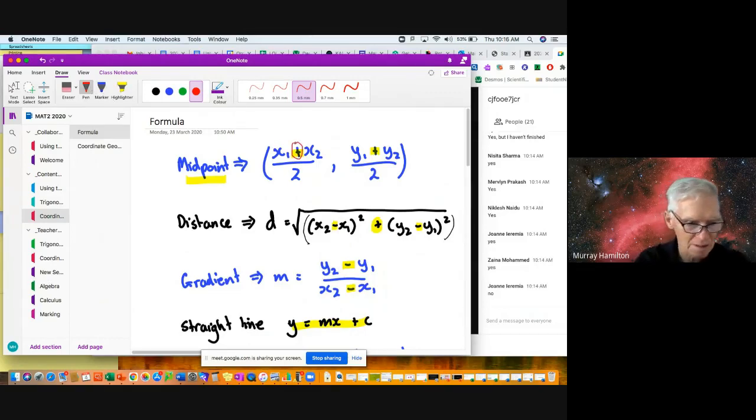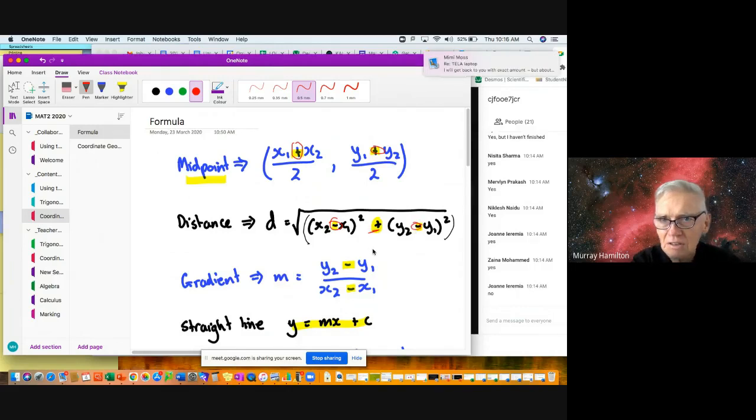And for the distance, you need to subtract, but you add in the middle. So make sure you get those things out correct, because the midpoint we add and the distance we subtract the x values and y values, but we add in the middle.